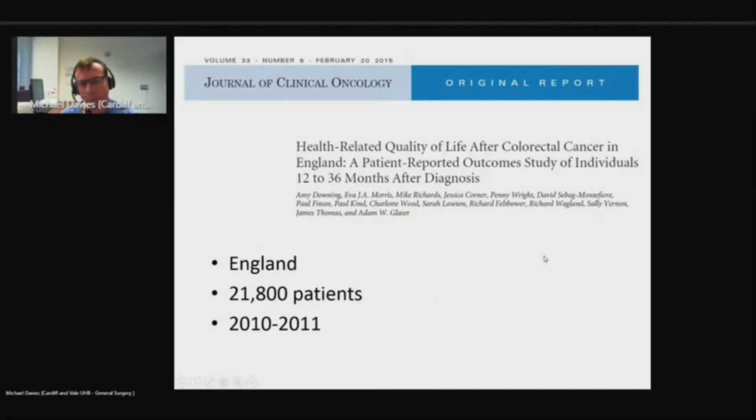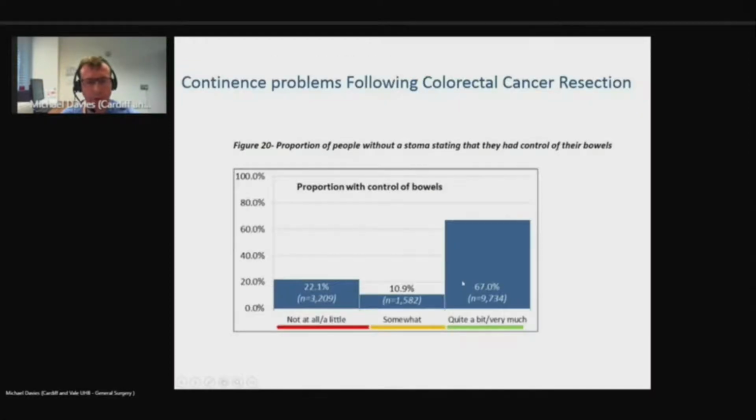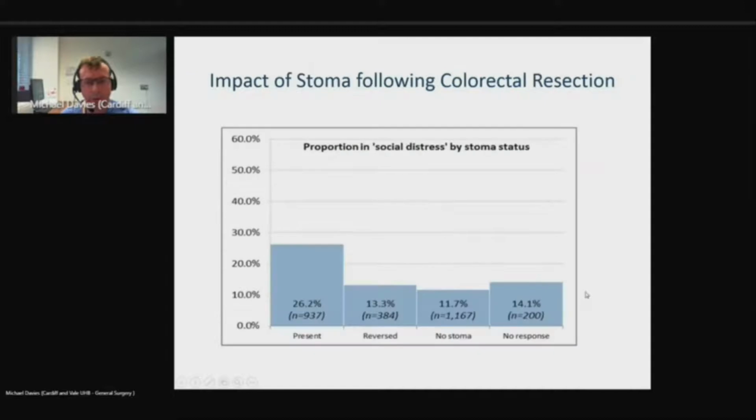This is an important study looking at patients who had treatment for colorectal cancer at 12 and 36 months after diagnosis. This is a huge study of patients looking at their function. And what you see is that over a third of patients had significant problems with continence after colorectal surgery.